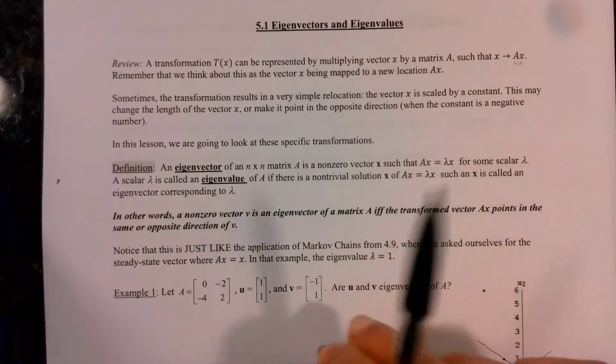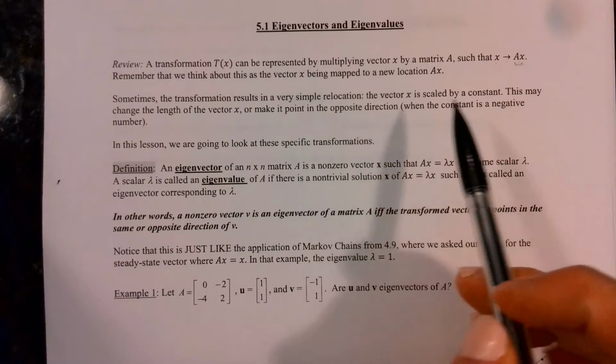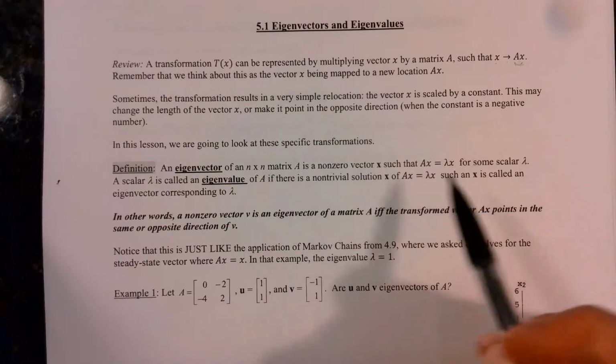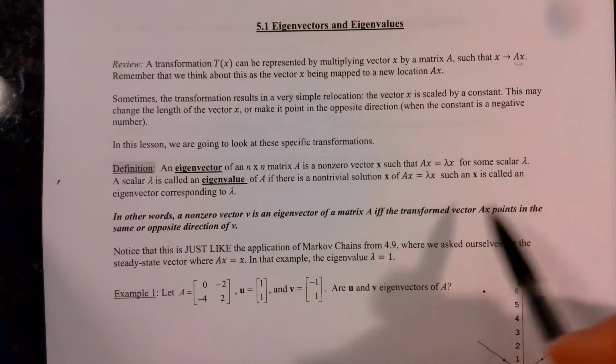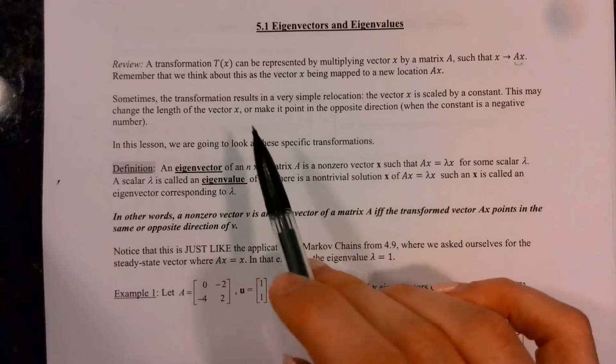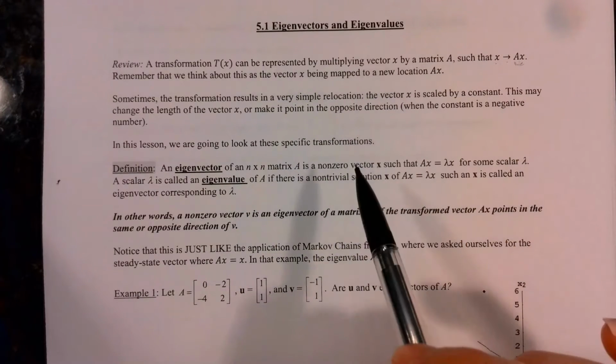But we are specifically going to look at a transformation where the vector is scaled by a constant. Not each entry is scaled by a different constant, but the whole vector is scaled by the same constant. So that could change the length or it could change the direction. Those are the only two things that the transformation we're going to look at today does.